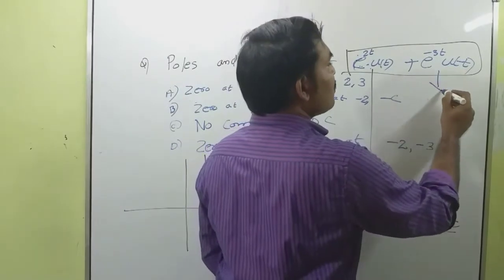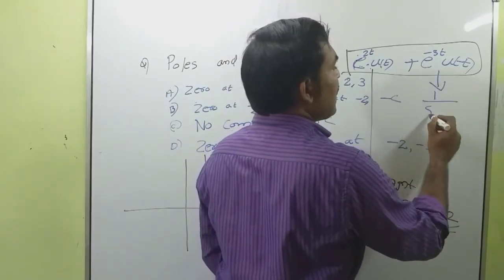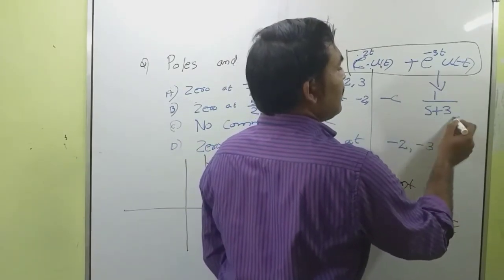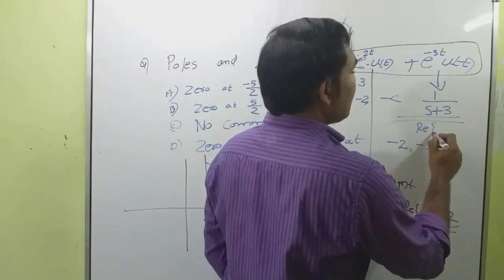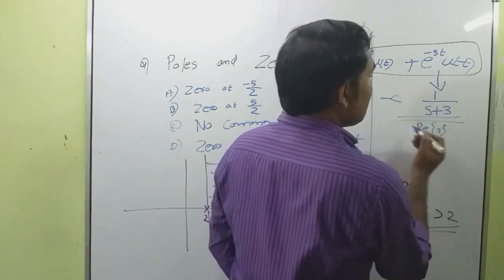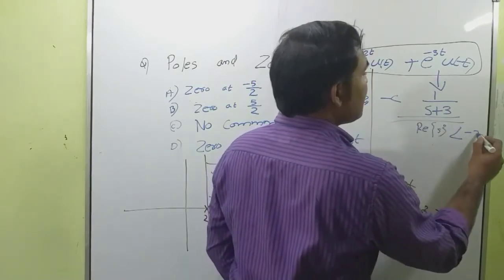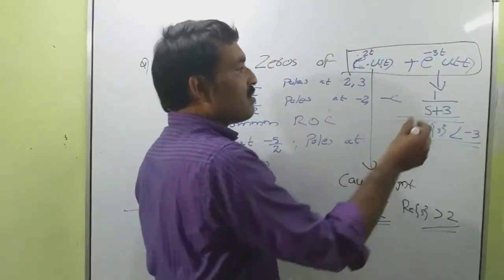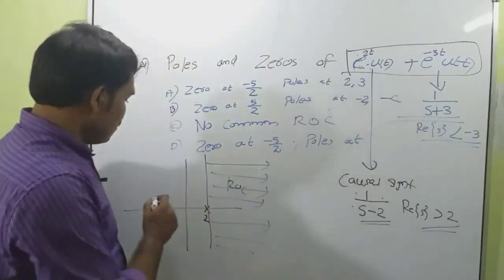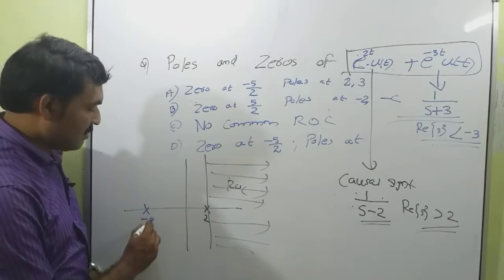So, the Laplace transform of this portion is 1 divided by s plus 3. And the ROC is real of s less than minus 3. This is the ROC of this portion. And this has a pole at s is equal to minus 3. So, I can mark this as s is equal to minus 3.